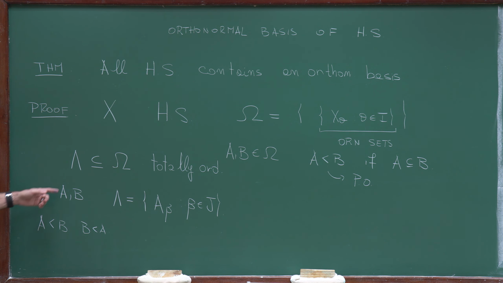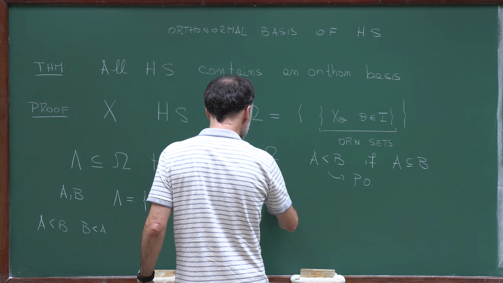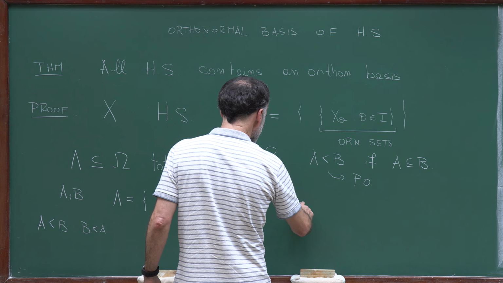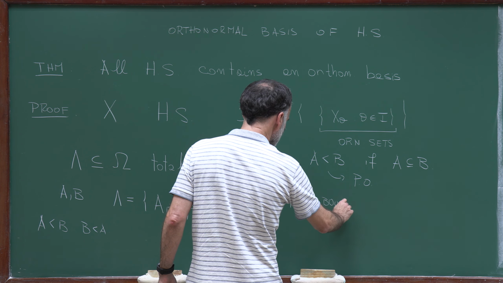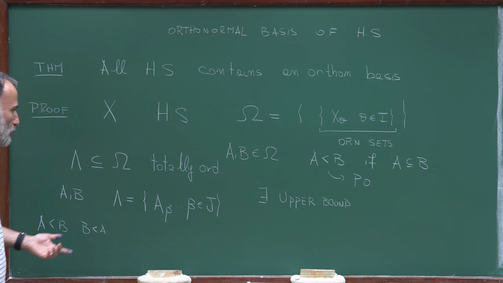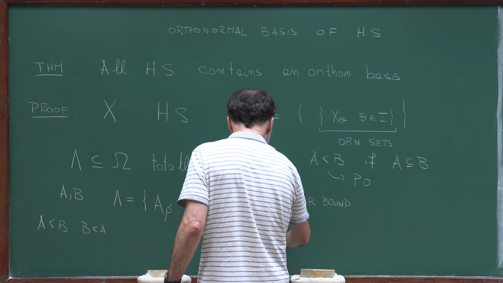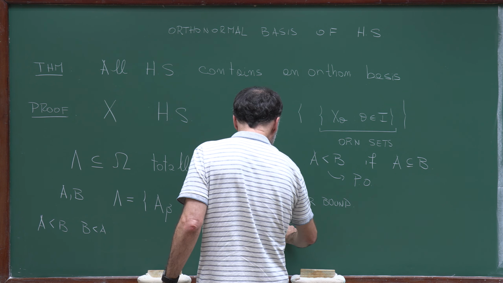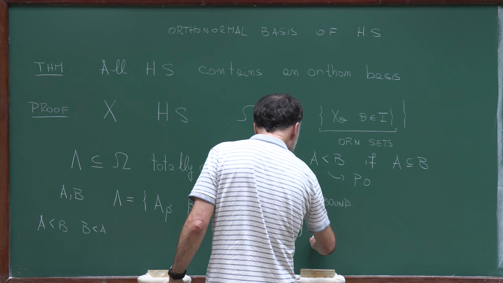And now what I claim is that there exists an upper bound for lambda. So I claim that lambda admits an upper bound. And the upper bound is very simple. You just take A tilde to be the union over all elements of lambda.